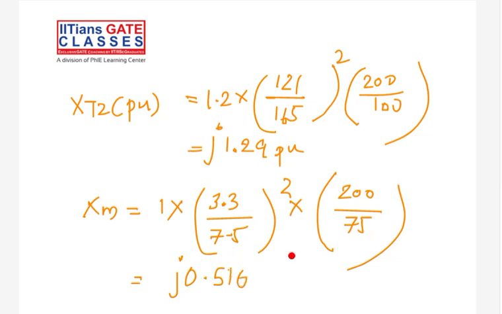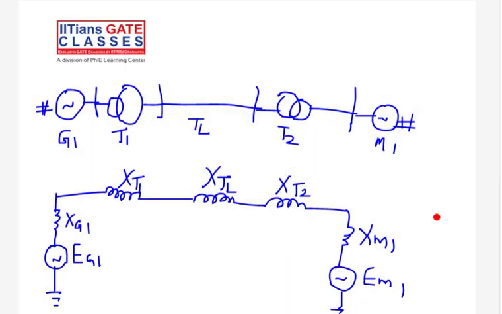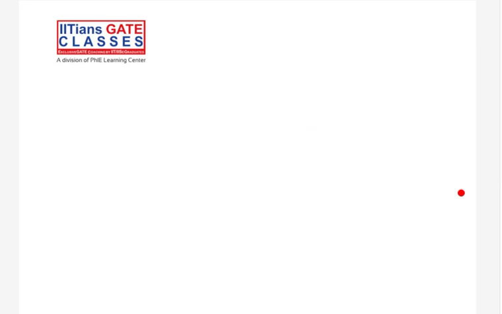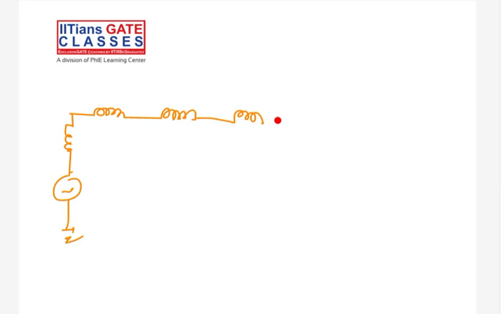All right. So now let's draw the one line diagram. Sorry, the reactance diagram, right? So how would it look like? We have a generator in series with a transformer, in series with a transmission line, in series with another transformer, in series with a motor, right?